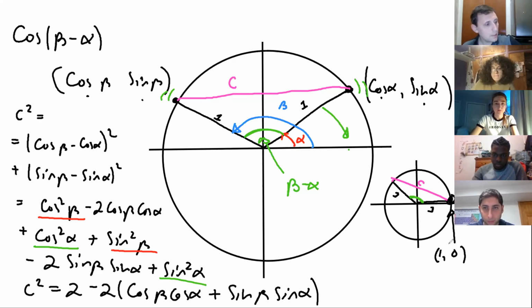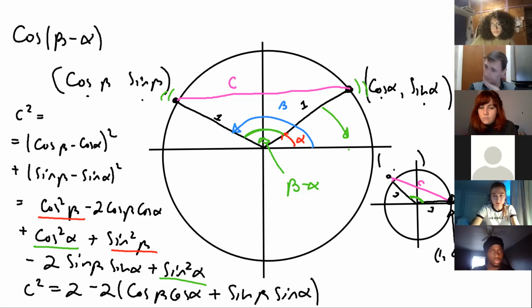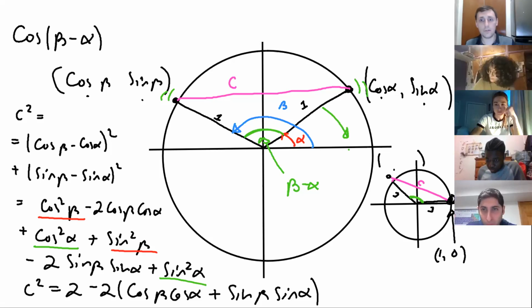What are the coordinates of this point? Very good, Alexandra. So it's cosine beta minus alpha, sine beta minus alpha. Similar, just a different angle, you see?